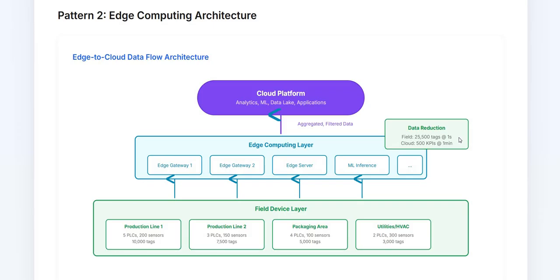Tens of thousands of tags sampled every second shrink into a few hundred indicators every minute. That reduction changes cost, latency, and reliability all at once. And the field device layer: production lines, packaging areas, and utilities generate raw signals. Edge systems speak the language of controllers, then translate upward.